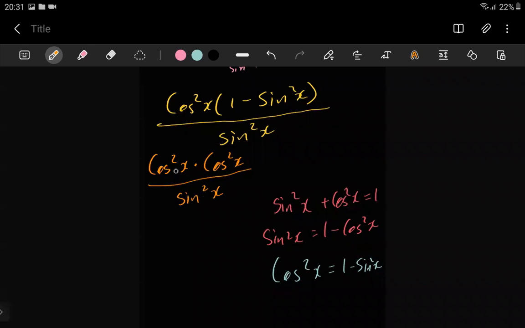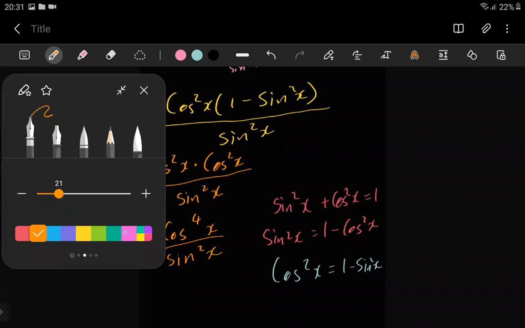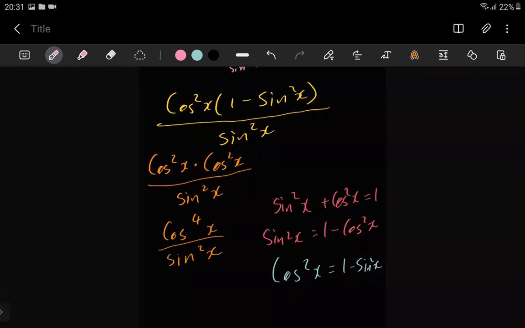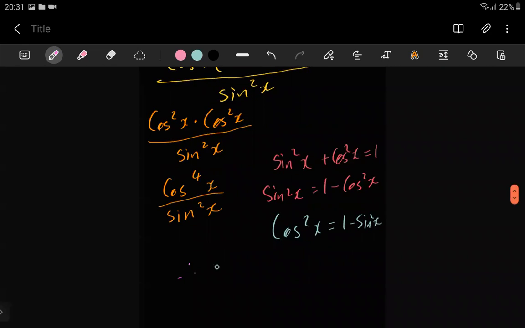Cos squared x times cos squared x gives us cos to the power 4 x. And then you can say, therefore, left-hand side is equal to right-hand side. And then you're done.